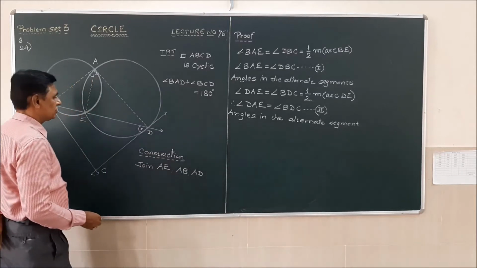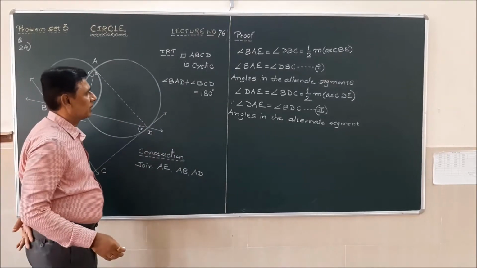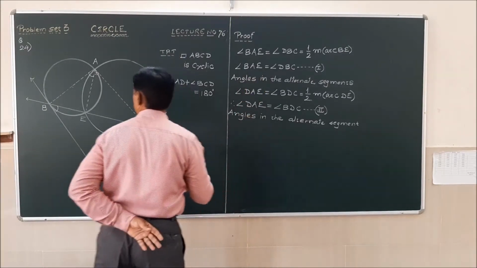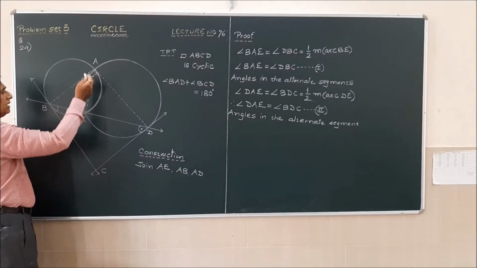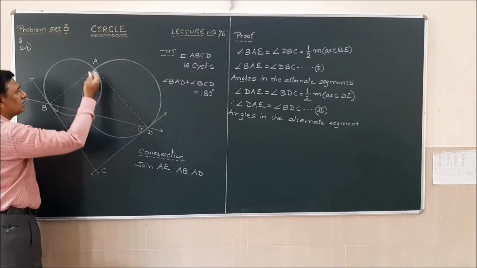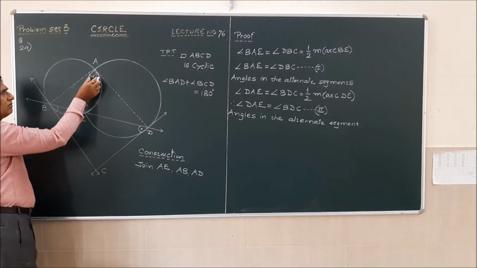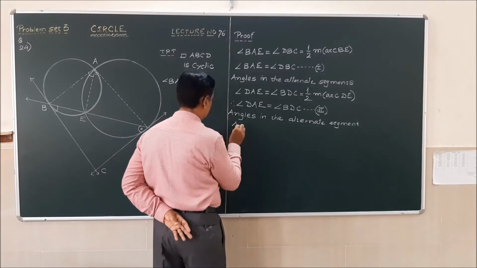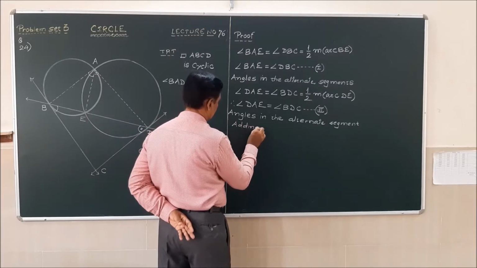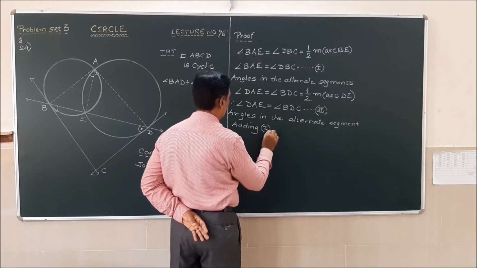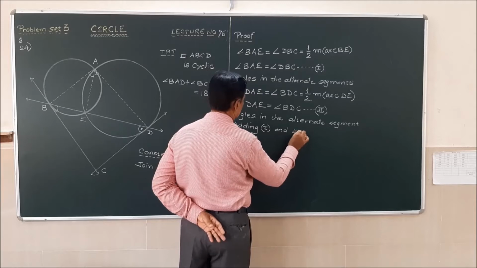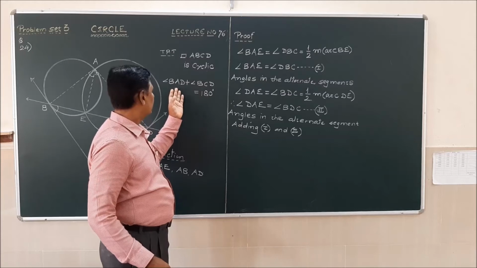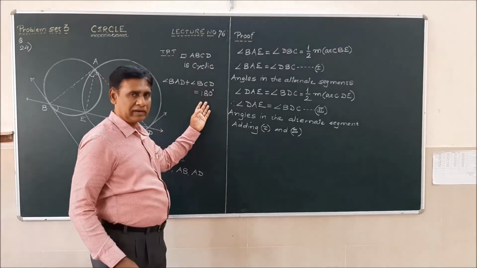Now we have to get angle BAD, and we can get it if we add angle BAE plus angle DAE. If we add these two angles, we will get angle BAD. So adding 1 and 2, because our final result is to prove BAD plus BCD is 180.